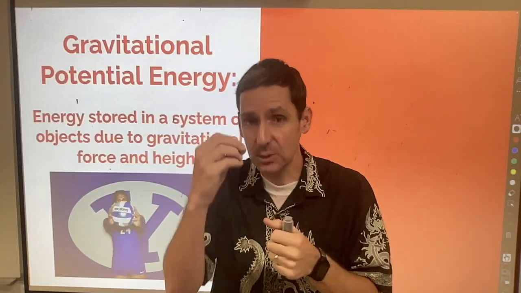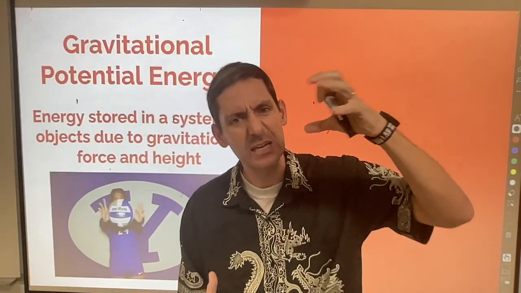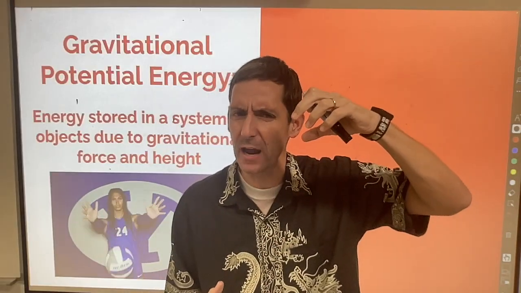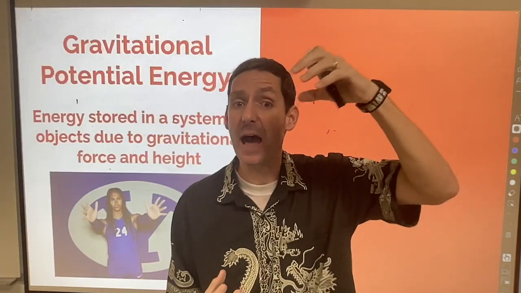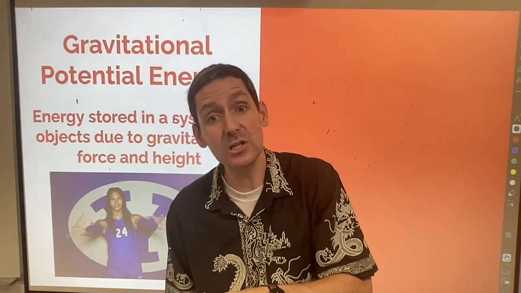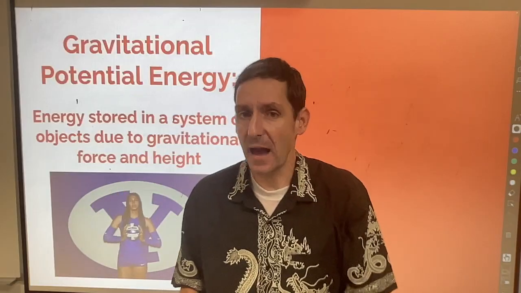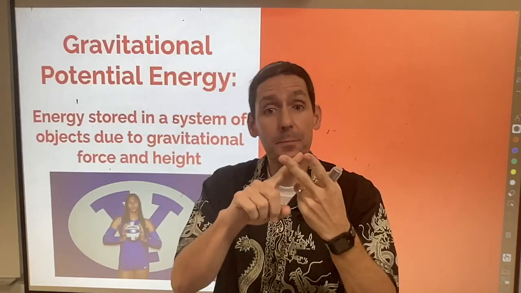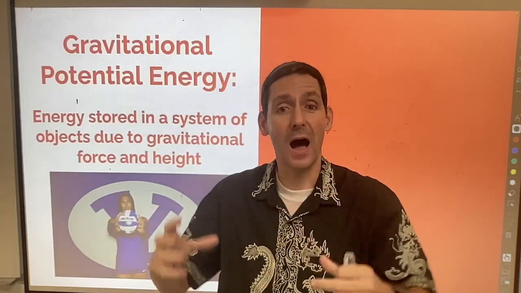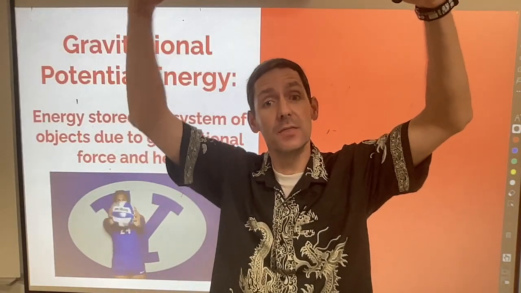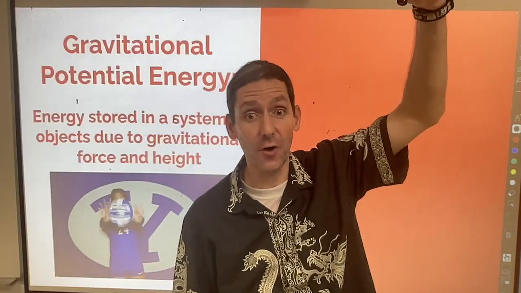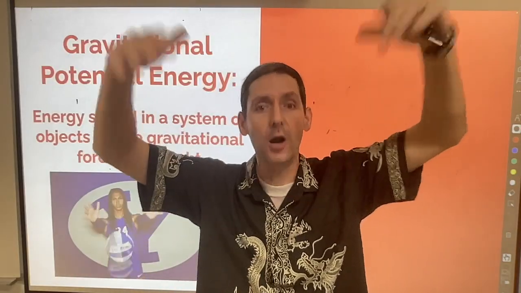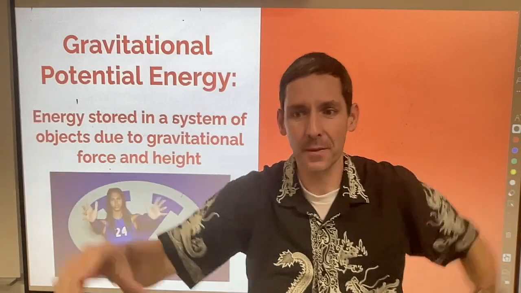As they interact with each other, there's a certain amount of energy stored there, and if you release the ball, that stored energy can turn into kinetic energy. That's due to the interaction between them, the gravitational force, and the position of the object, right? The higher you hold the object, the more kinetic energy it can gain as it falls, so it must have had more potential energy to start with, right?